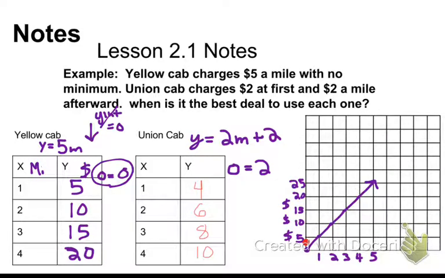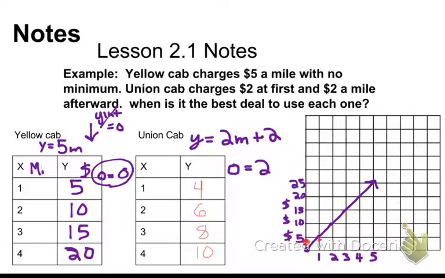So if I take a look at this guy, at 0 miles, it's costing me $2 right off the bat, and that's kind of expensive. But then at 1 mile, it's only costing me $4.